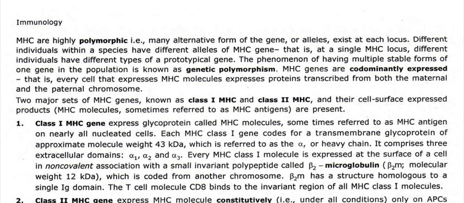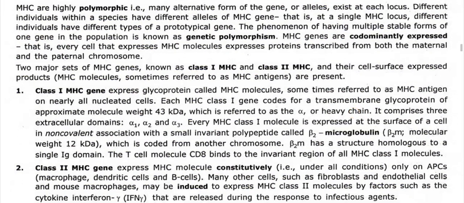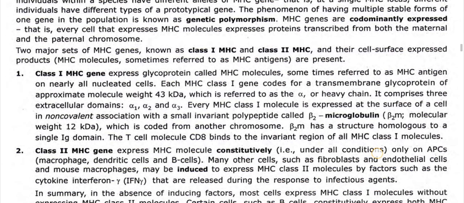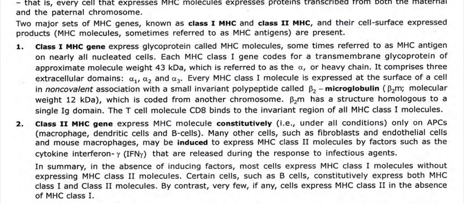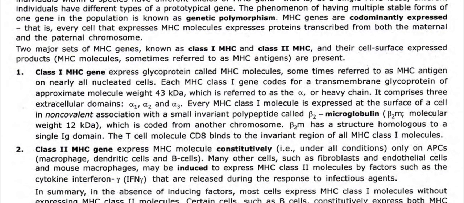The phenomenon of having multiple stable forms of one gene in the population is known as genetic polymorphism. MHC genes are codominantly expressed, that is, every cell that expresses MHC molecules expresses proteins transcribed from both the maternal and paternal chromosomes. Two major sites of MHC genes, known as class 1 MHC and class 2 MHC, and their cell surface expressed products, MHC molecules, sometimes referred to as MHC antigens, are present.